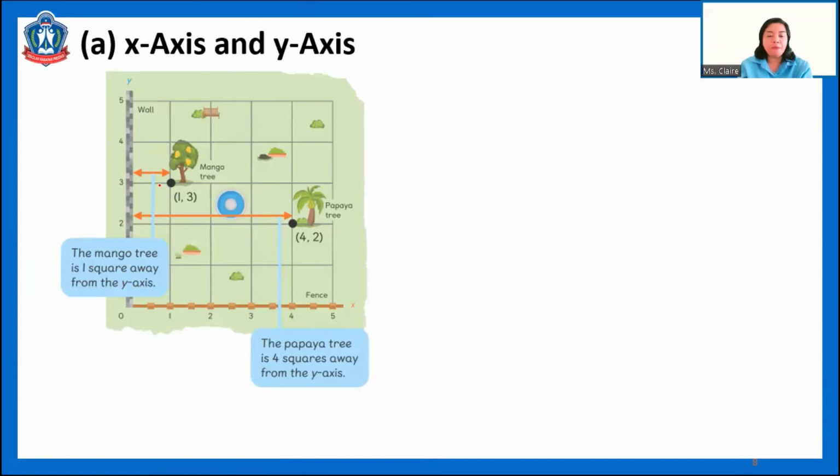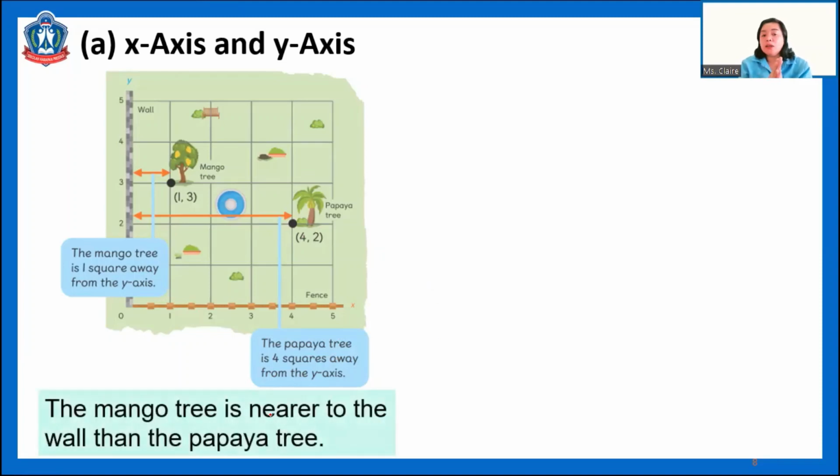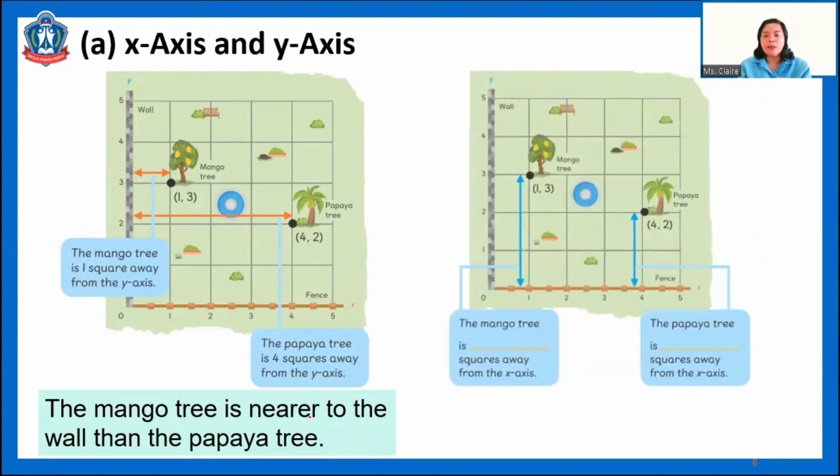Then the papaya tree is how many squares? Yes, 4 squares away. So the mango tree is nearer to the wall, or nearer to the y-axis. The papaya tree is farther from the wall, or from the y-axis.